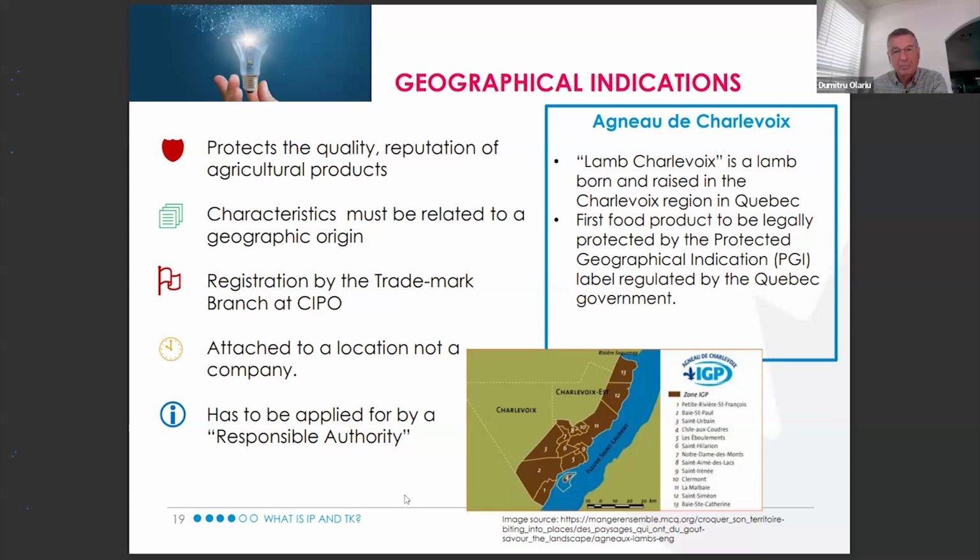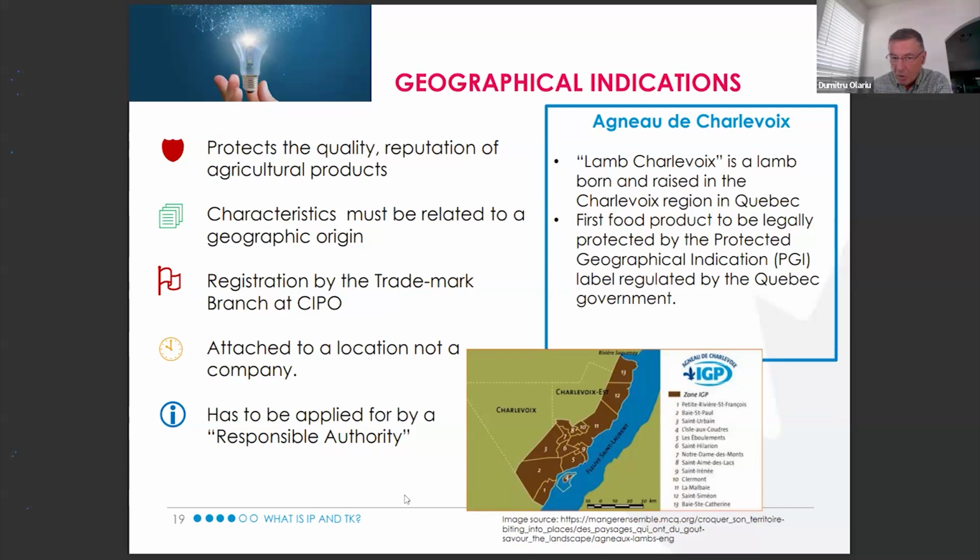They are trademarks, actually, that are used to protect the quality and reputation of agricultural products. The characteristics of this product have to be related to a geographical origin.